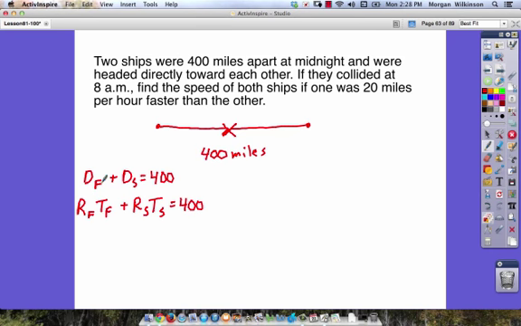Notice that the variables stay the same. The subscripts f and f go with the rate and the time for the distance of the first. The s for the second go with the rate and the time for the second. And they're all equal to 400 miles.